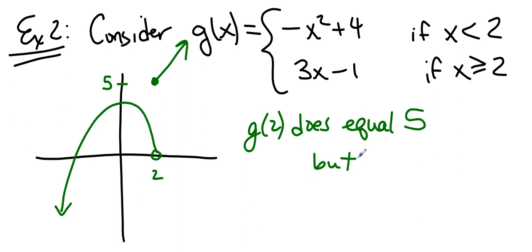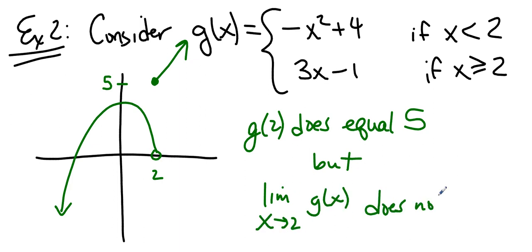but the limit of g of x as x approaches 2 does not exist. Why does that limit not exist? Because the limit of g of x as x approaches 2 from the left is 0, but the limit as x approaches 2 from the right of g of x is 5.